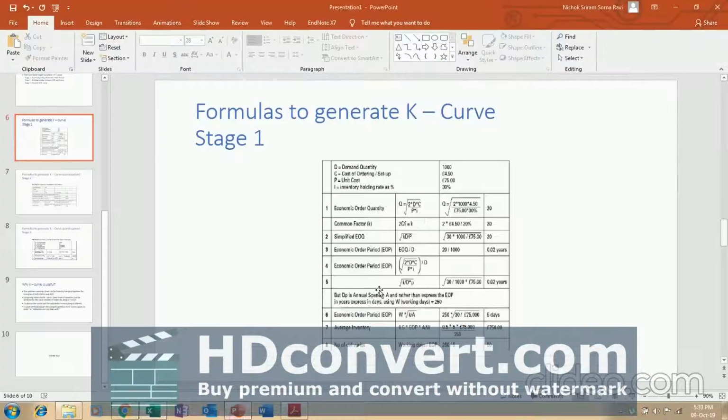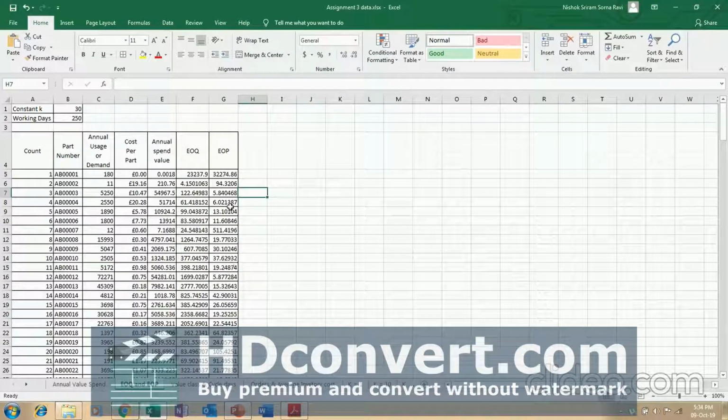So here, this is the EOP value we get. We need to identify that EOP is in days.